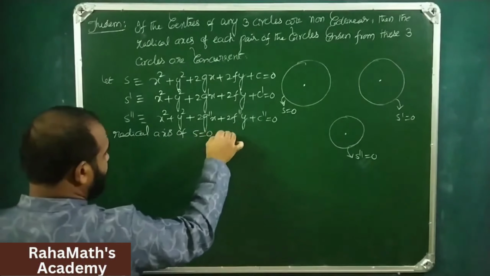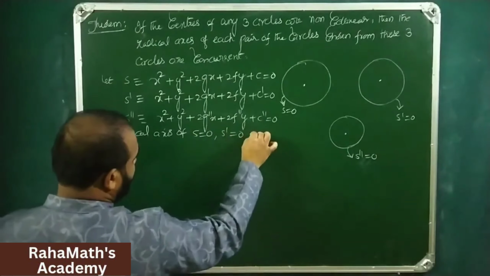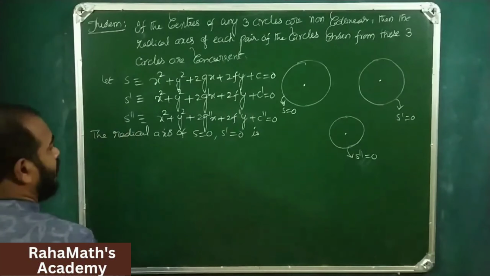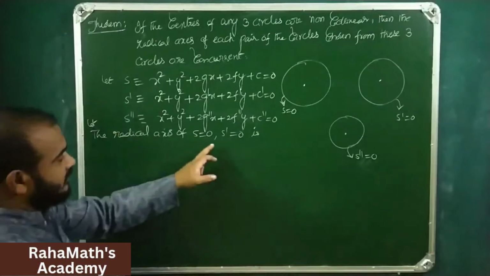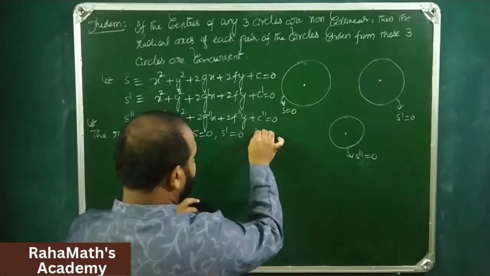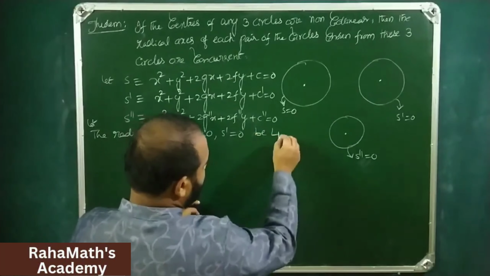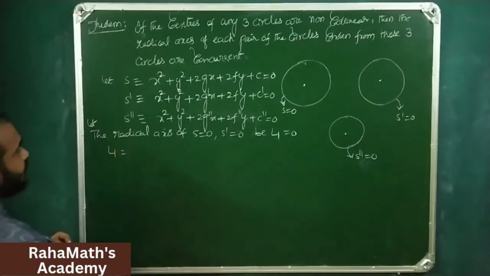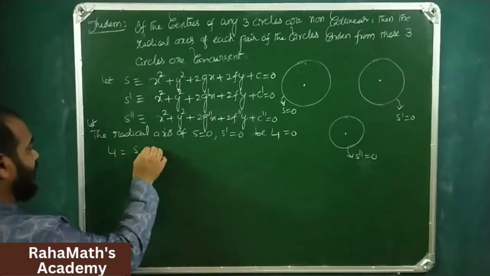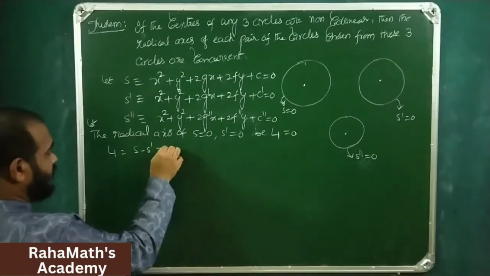Let us suppose the radical axis of S equals 0, S dash equals 0 be L1 equals 0. So L1 equals S minus S dash equals 0.